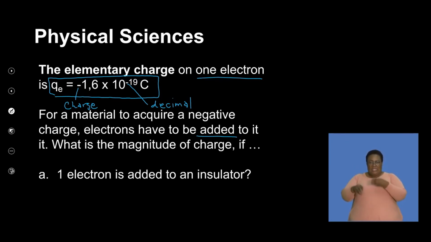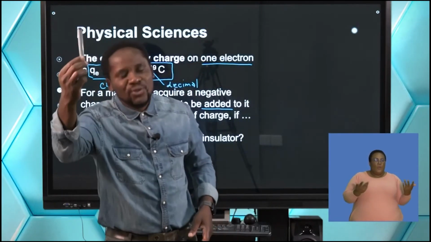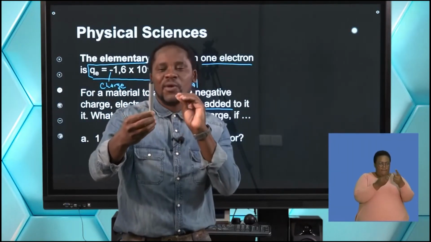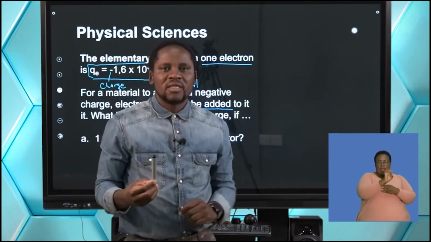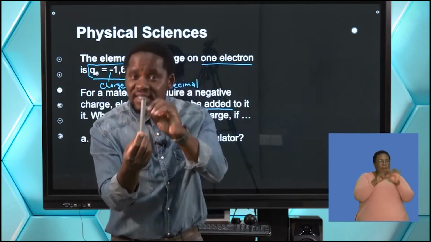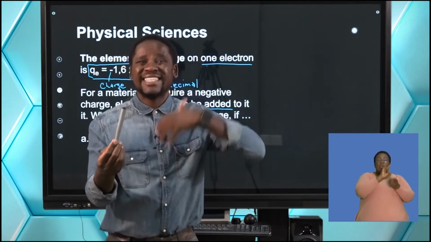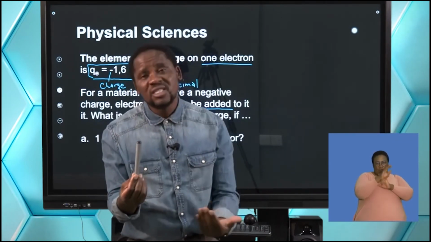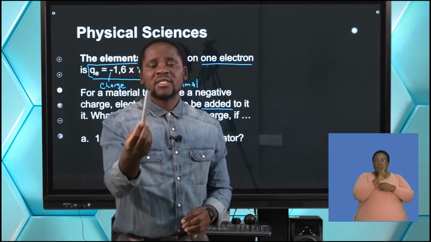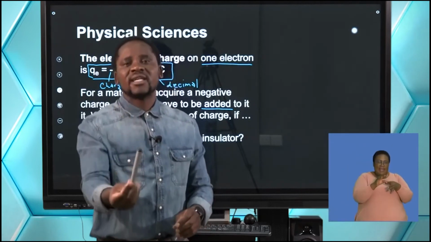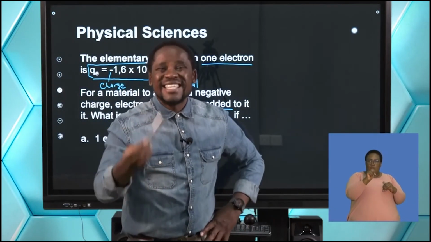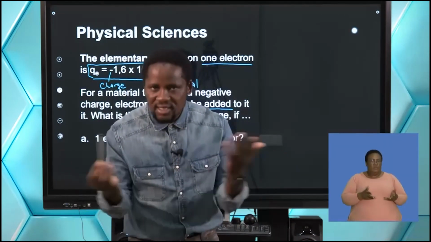The assumption is that we have an insulator. On this insulator, we add one electron. There is no question about whether it becomes positive or negative, because we have added electrons, so it becomes negatively charged. But if we add one electron, it means that there is one extra electron than protons. Or in other words, there is one electron in excess. That's exactly what we are saying.